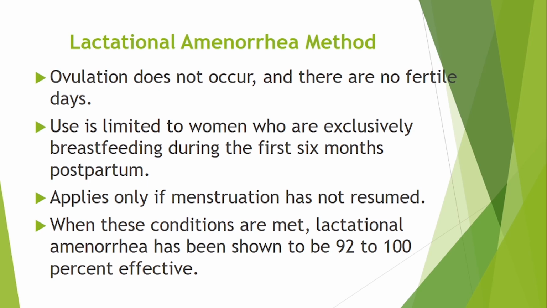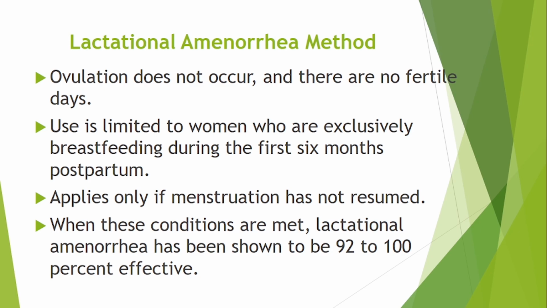Then we have the lactational amenorrhea method. In the lactational amenorrhea method, practiced by women who are exclusively breastfeeding, ovulation does not occur and there are no fertile days, because it's believed that as long as the woman is exclusively breastfeeding, there will be suppression of ovulation.